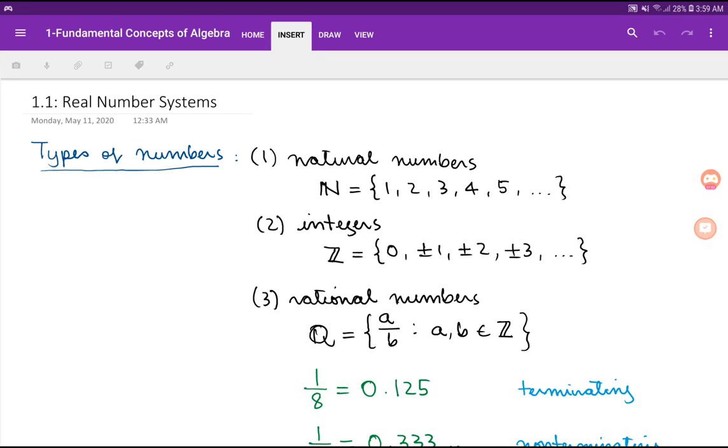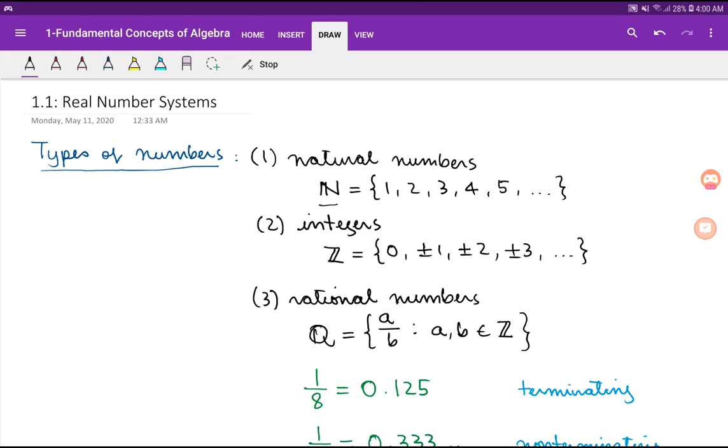So there are four types of numbers in the real number system. The first is what we know as natural numbers. In mathematical notation, we write it as capital N, a set of numbers 1, 2, 3, 4, 5 and so on.